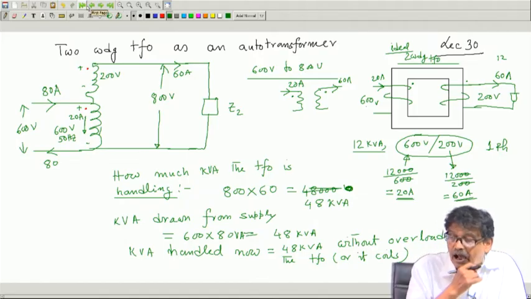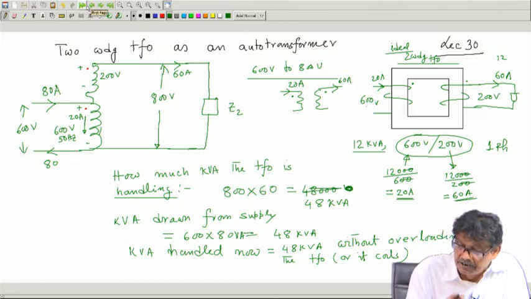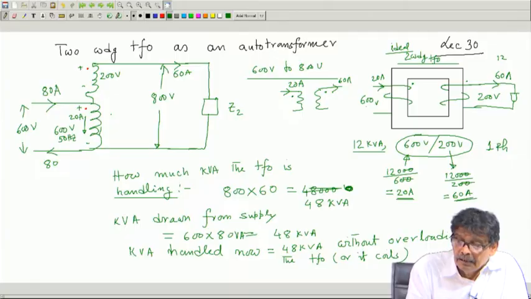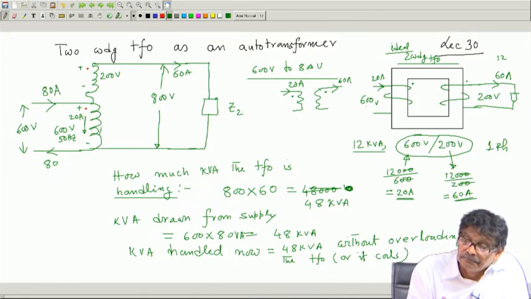Now, the question is how to calculate the power delivered by transformer action. Listen here, come here in this slide. These two windings are separate windings. This fellow is carrying 60 and this fellow is drawing 20 from the dot in the winding.